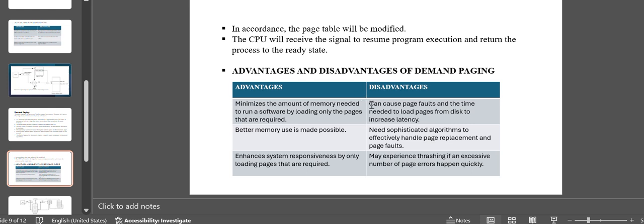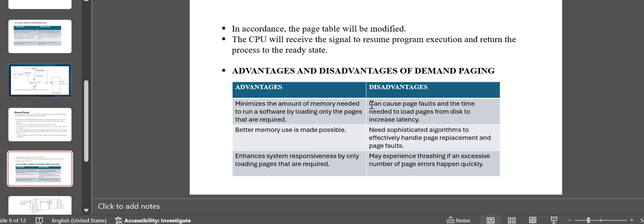You can see the advantages and disadvantages of demand paging. Advantages: it minimizes the amount of memory needed to run software by loading only the pages that are required, better memory use is made possible, and it enhances system responsiveness by loading the pages that are required.